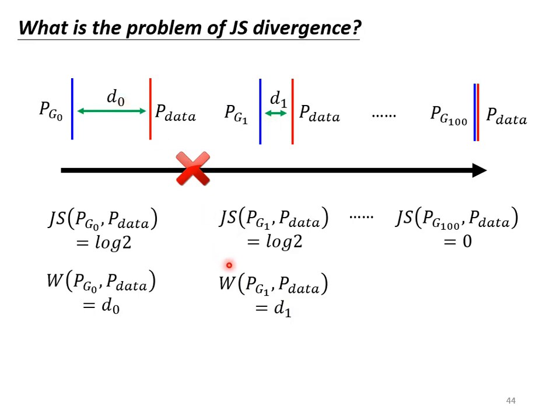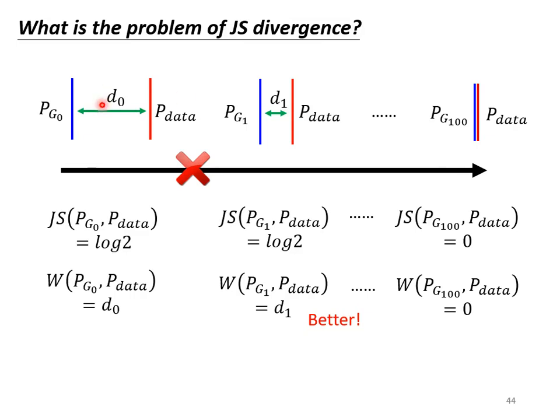While calculating the Wasserstein distance, the Wasserstein distance of this case is relatively small, and the Wasserstein distance of this case is relatively large. So, we can know that from left to right, the Wasserstein distance is getting smaller and smaller. So, if you observe the Wasserstein distance, you will know that from left to right, our generator is getting better and better.